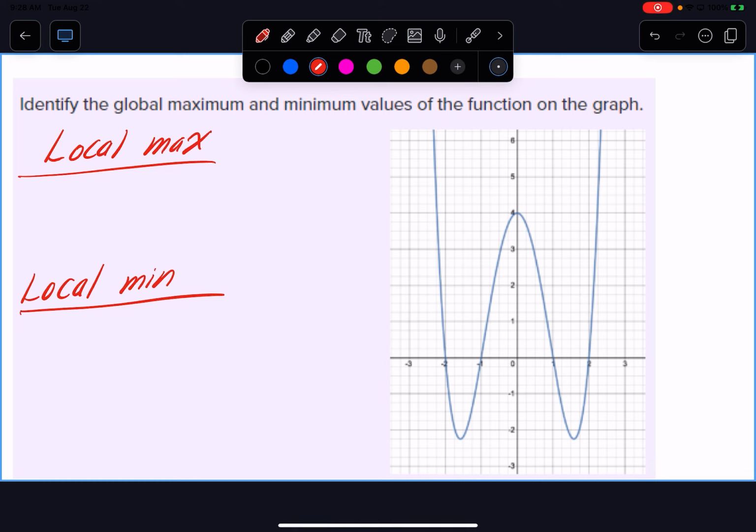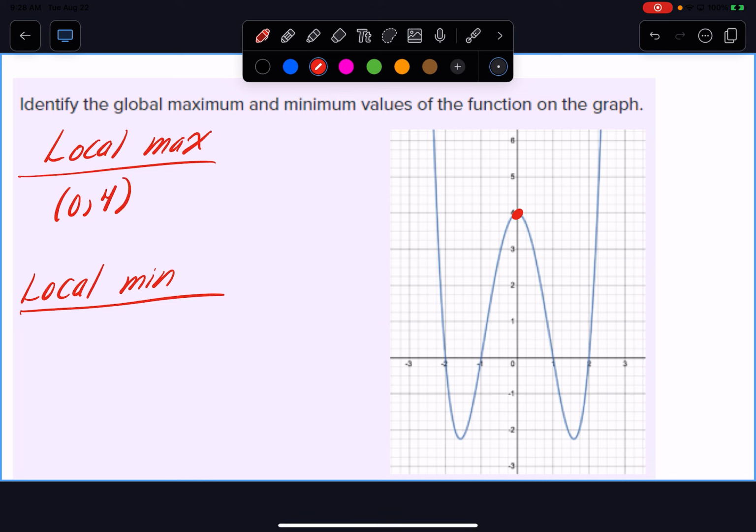Yes. So what would be the local maximum? Right here, yes, everybody? With local max and mins, they want them written as XY points, but I would accept 4 as an answer. Isn't 4 the highest value, or the Y value? But I'm going to write mine as XY points. So over 0, up 4 is a local max.